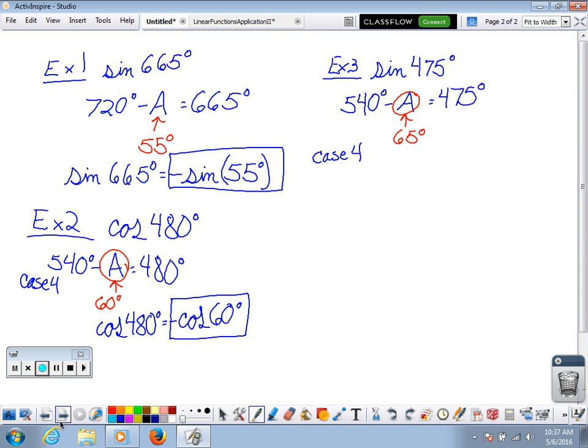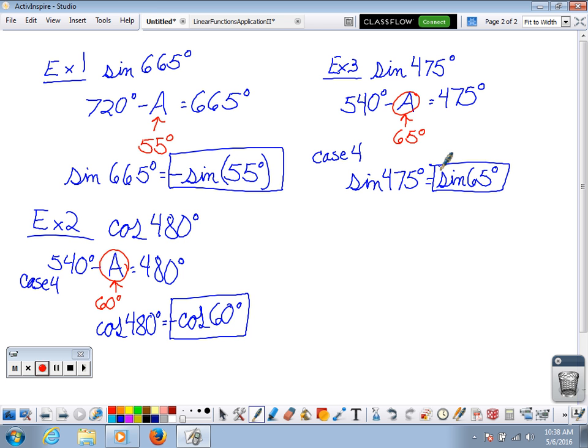Stays the same. So that means that the sine of 475 degrees is equal to the sine of 65 degrees. Let's be consistent. There we go.